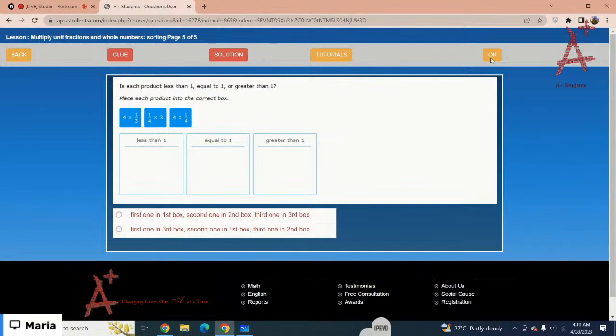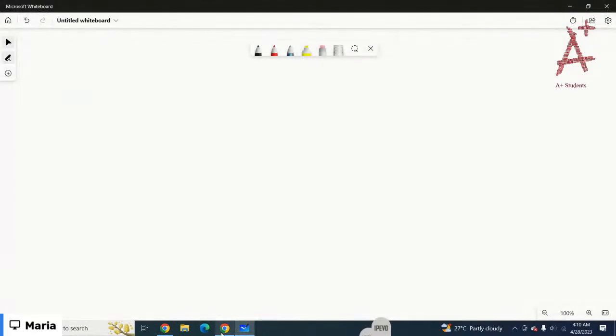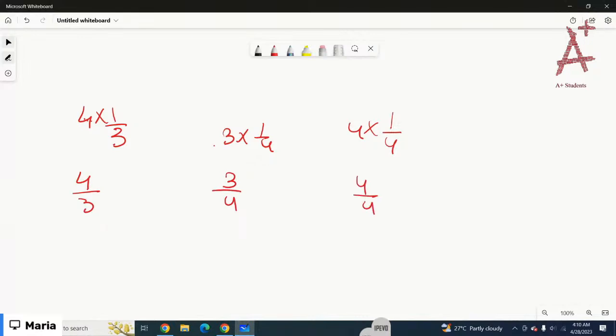Okay, the next one is 4 times 1 by 3, 3 times 1 by 4, and 4 times 1 by 4. Okay, so that is 4 over 3, 3 over 4 and 4 over 4.